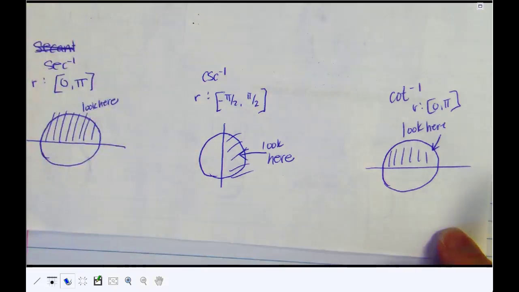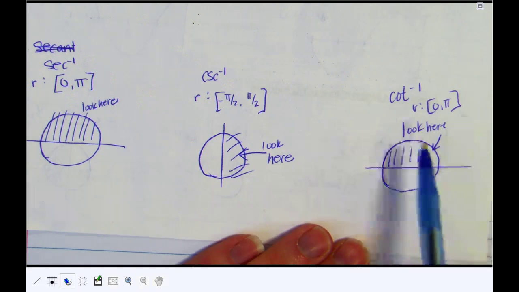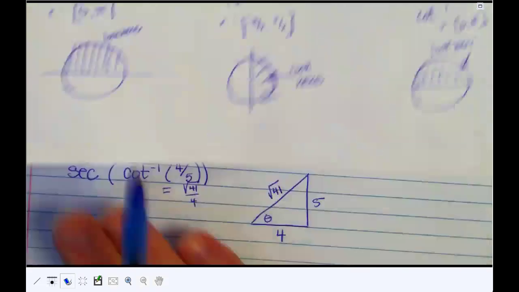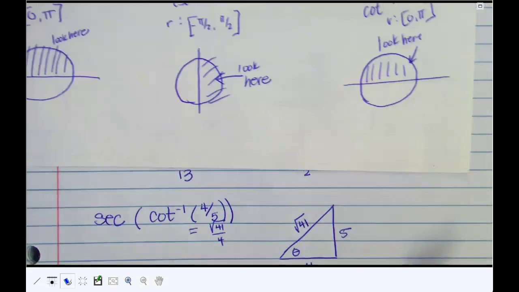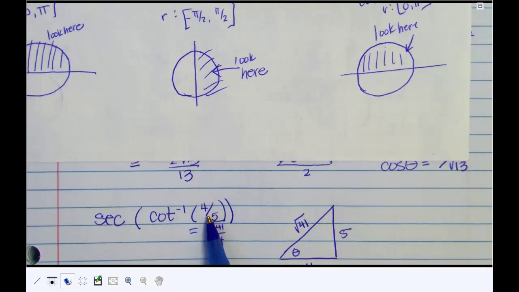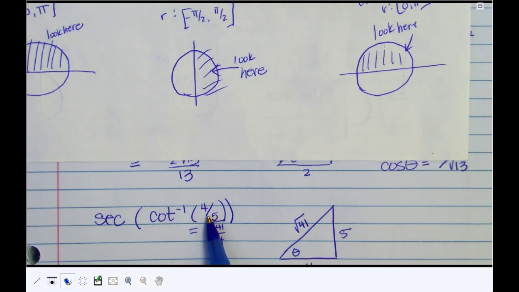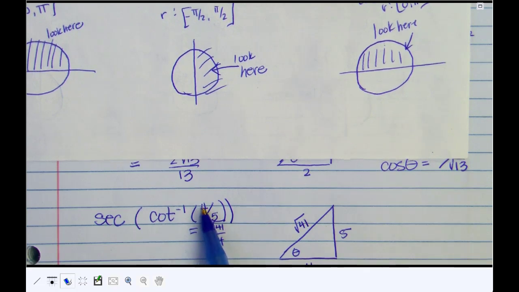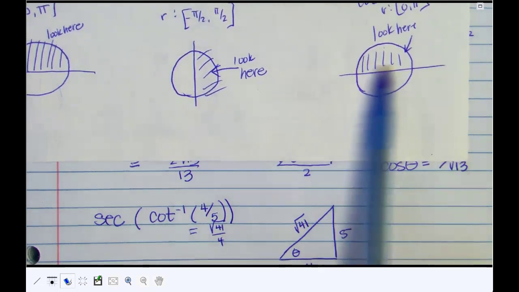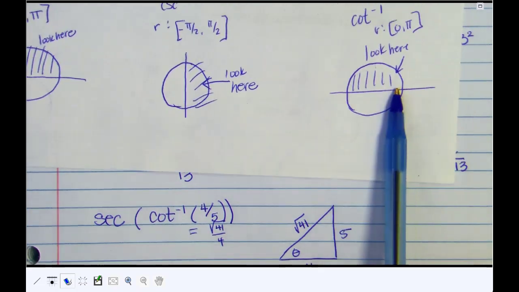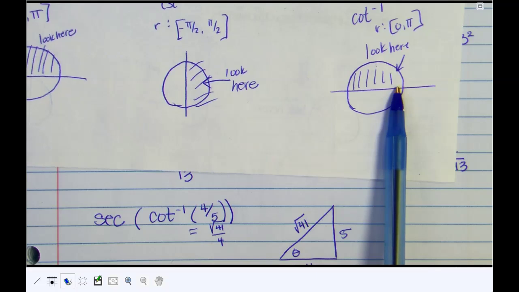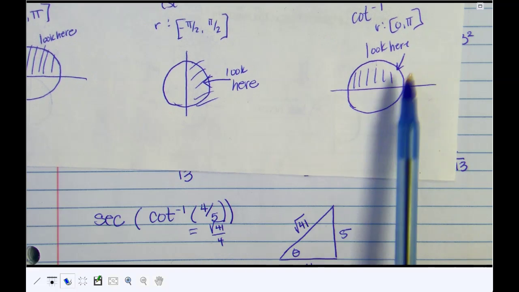Okay. So if we're talking about the problem that we just did, cotangent is positive. If we're looking at these two quadrants, which quadrant is cotangent going to be positive in? Quadrant 1.